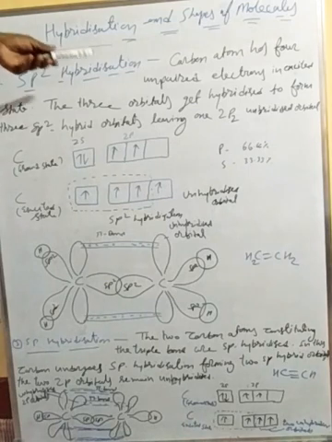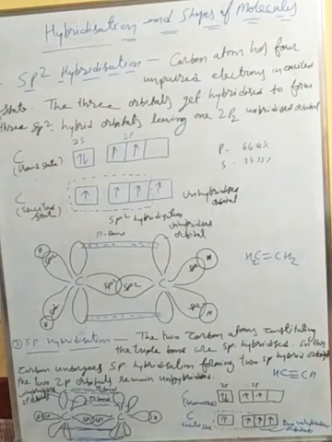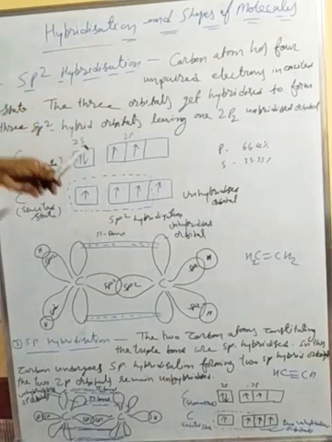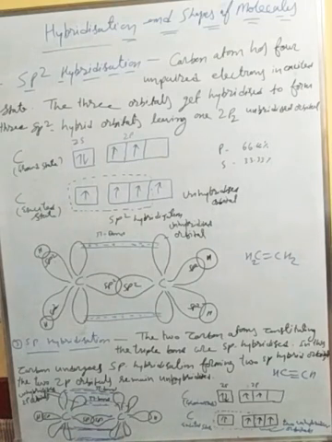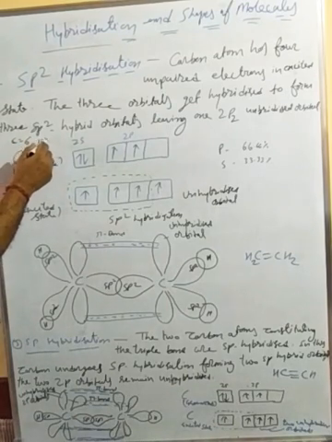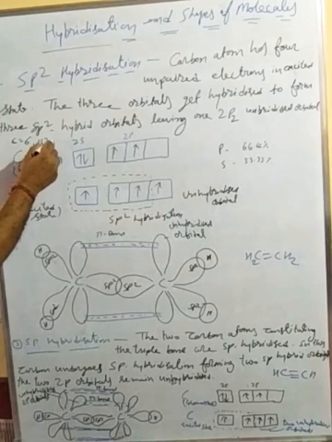Here the carbon atom has four unpaired electrons in the excited state. The three orbitals get hybridized to form three sp2 orbitals, leaving one unhybridized pz orbital. You know that carbon has atomic number 6, which means 1s2, 2s2 and 2p2.